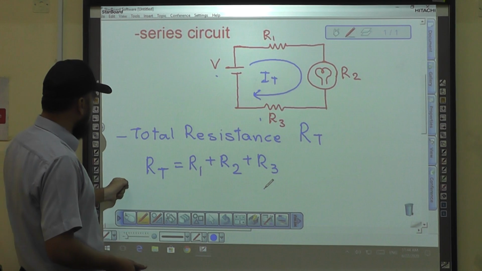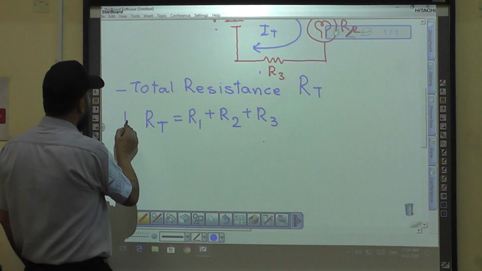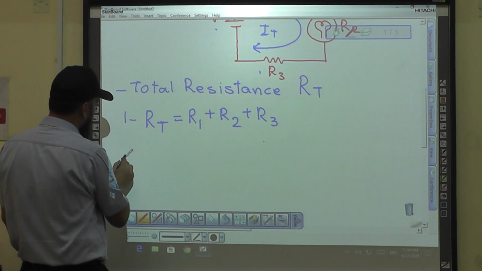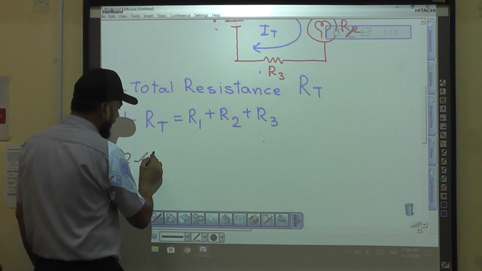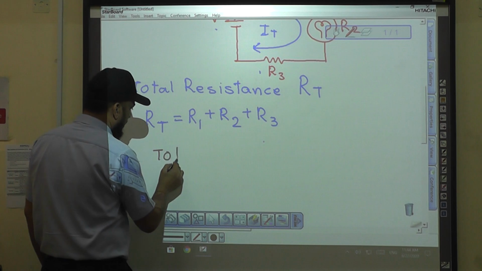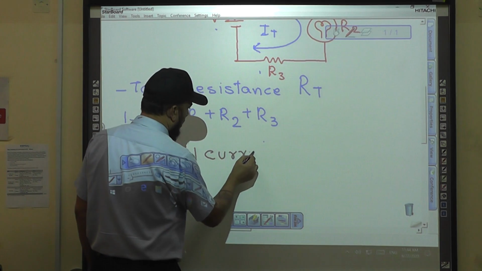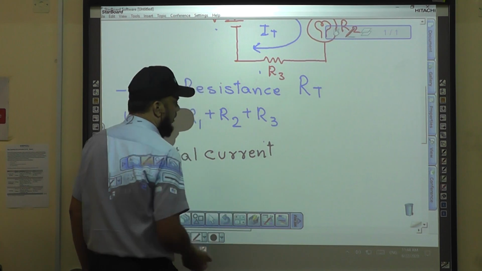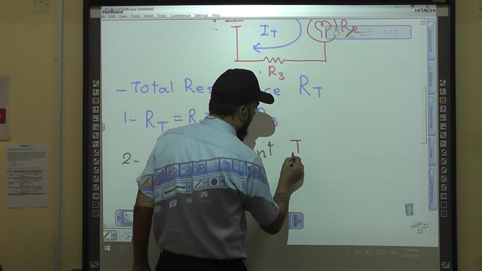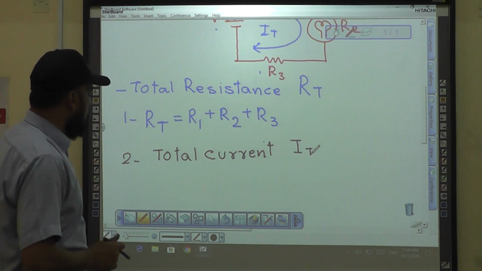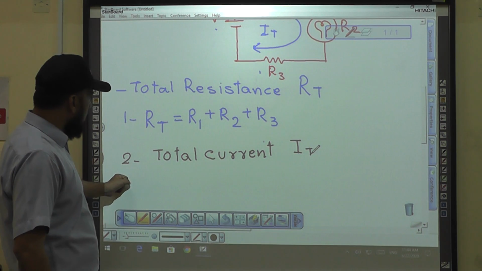So first we have calculated the total resistance. Number two, we can calculate the total current in the circuit, which we write as IT. How can we calculate the total current?